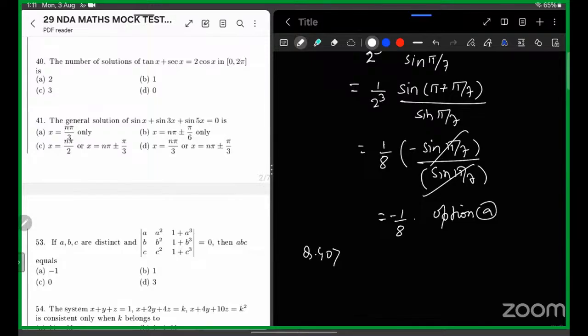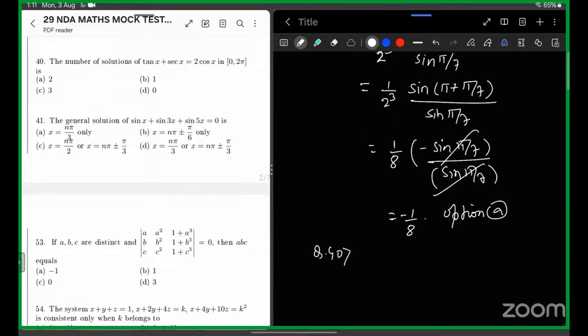They're asking about the number of solutions. Tan x plus sec x is equal to 2 times cos x. How many solutions are possible?